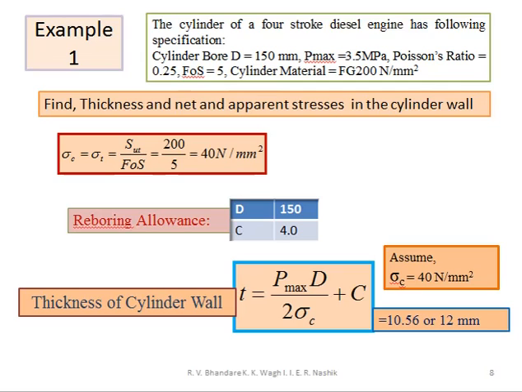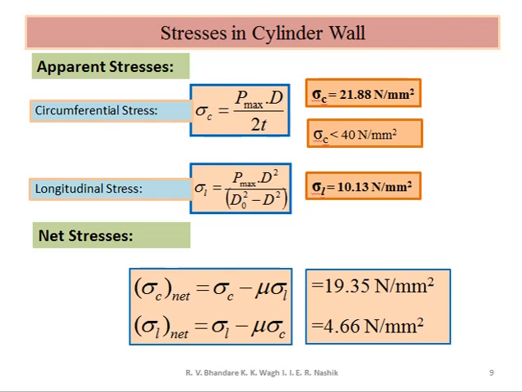We put the values of sigma C, C, P max, and bore diameter, and from this we calculate the thickness of the cylinder wall, which is 10.56, and we take the next integer value, 12 mm.